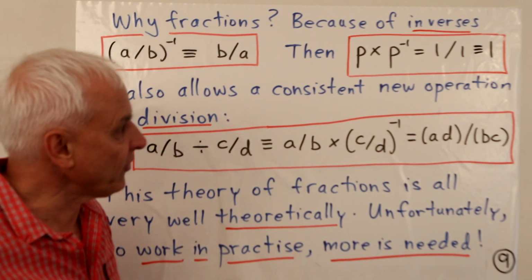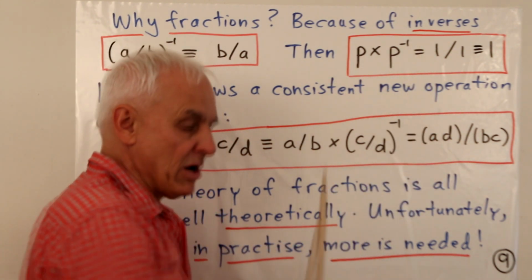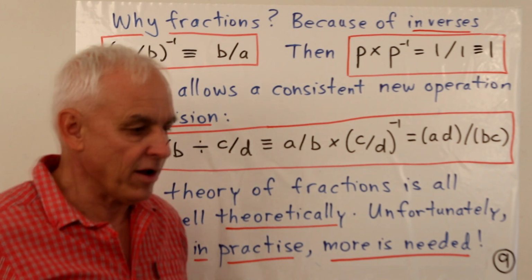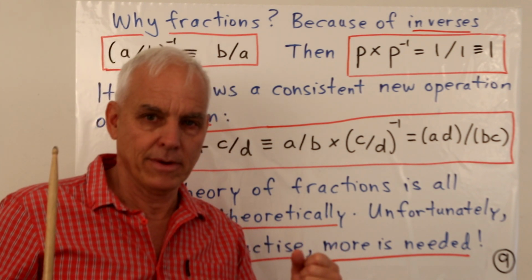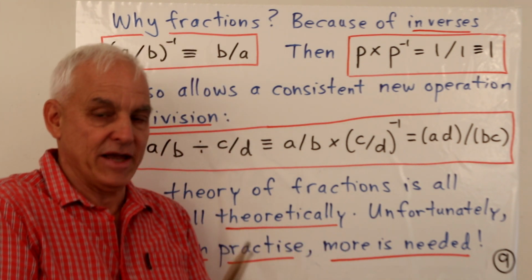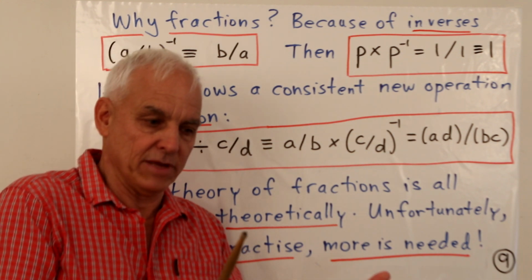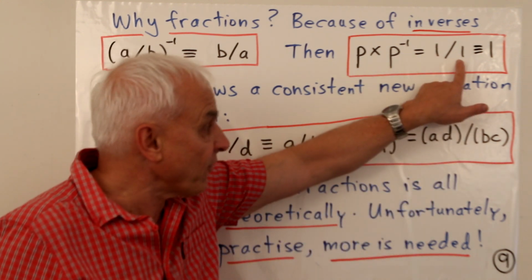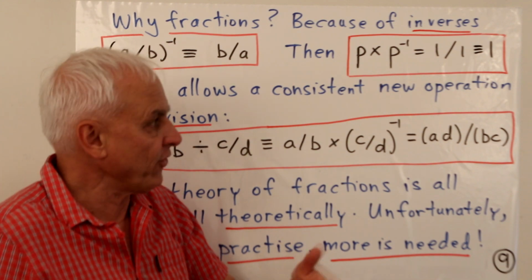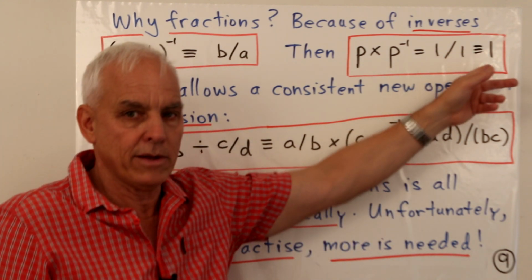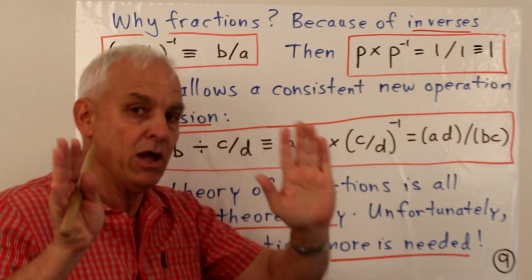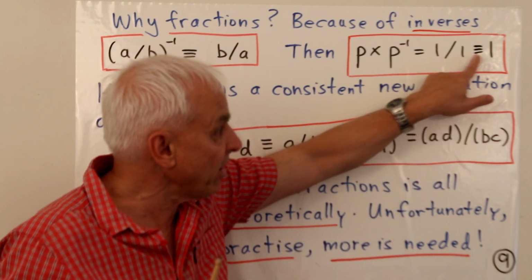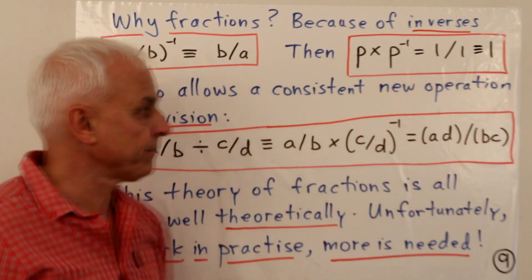And at this stage here, we can say, look, this is a very nice special fraction. It deserves a special name. It acts like the number 1 in the natural numbers. In the fraction world, this fraction is playing the role of 1, so maybe we could even call it 1. But we'd have to make that agreement. We'll have to say, look, we're going to agree that this particular fraction is represented by 1.